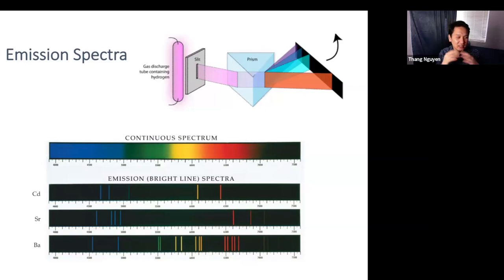Actually, this is how, kind of a tangent here, this is how we know, even if we haven't been to a certain galaxy far, far away, or a star far away, we can still know what the primary elements in that place are, because we can submit the light that's shining through and split it up and kind of deconvolute, tease out the splitting patterns, the line spectra, in order to know, okay, that universe has a lot of helium, or that universe has a lot of hydrogen, for example.